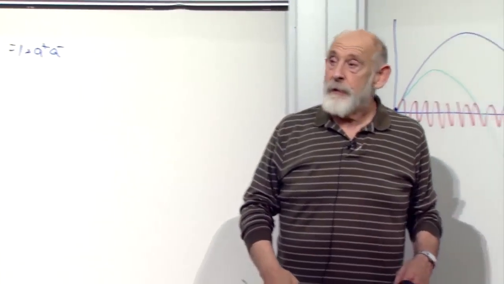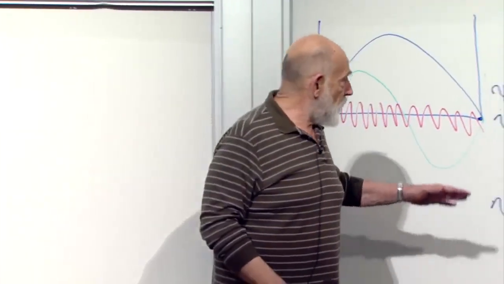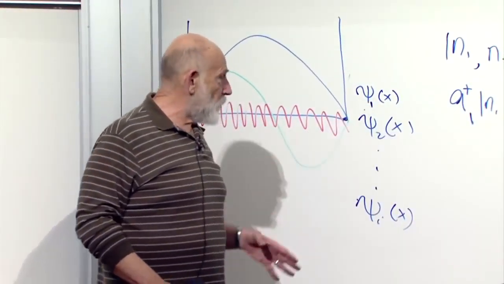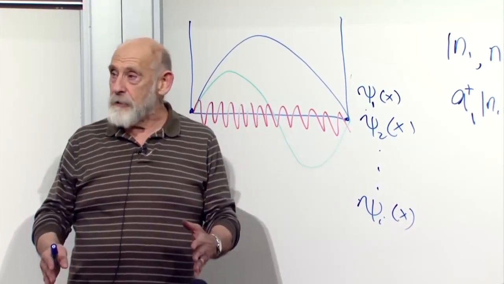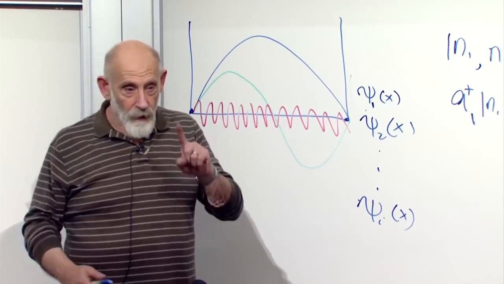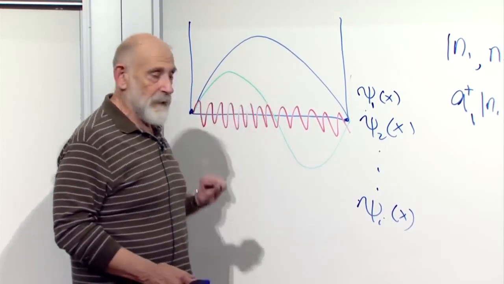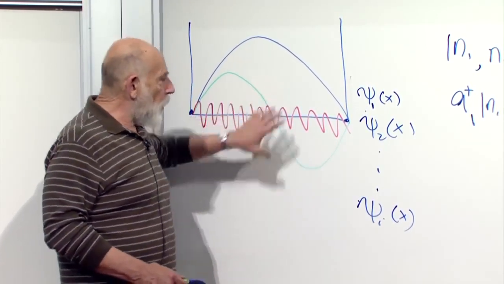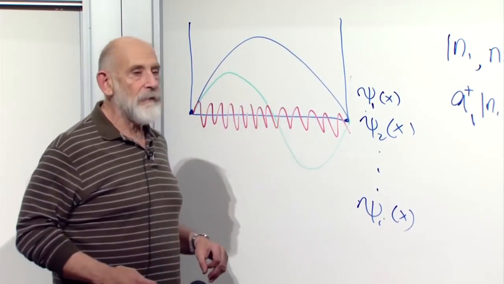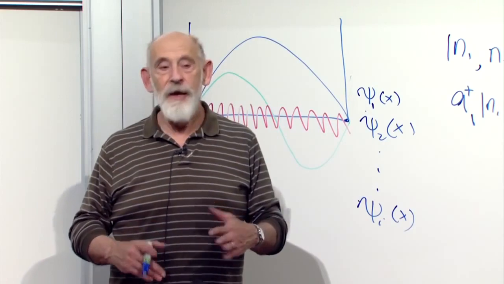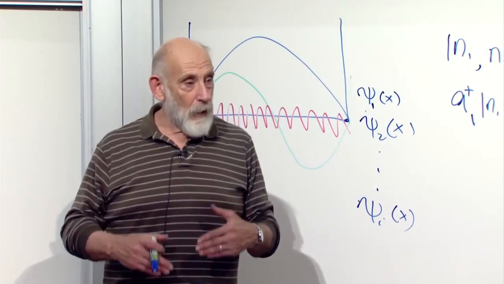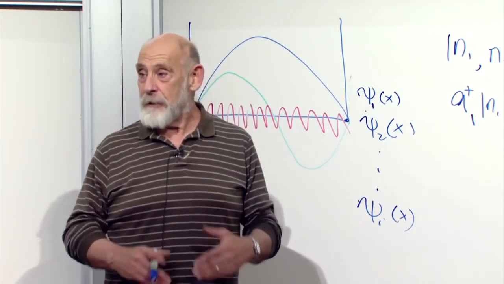In other words, the system of a variable number of particles can be represented just as a system of harmonic oscillators, an oscillator for each state. For each single particle state, for each single particle wave function, there is an oscillator, and the occupation number of that oscillator is the number of particles occupying that particular state.